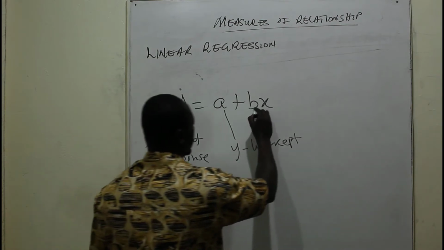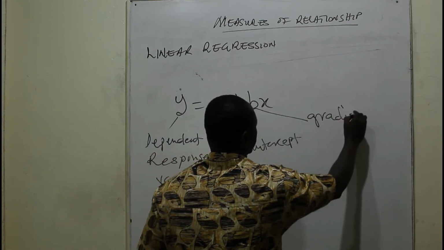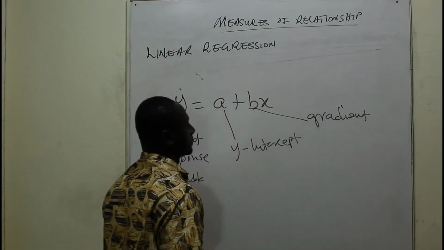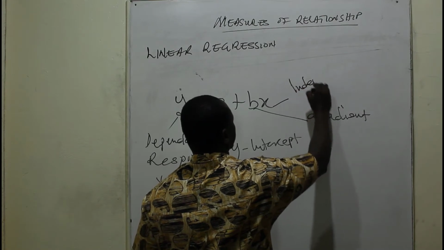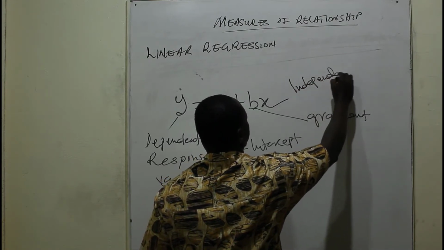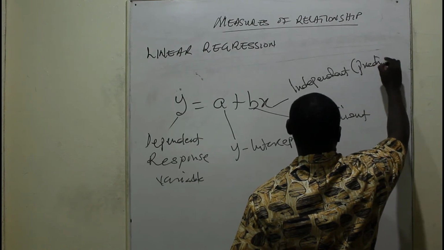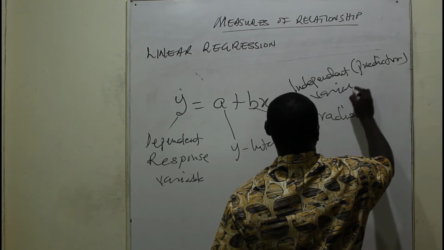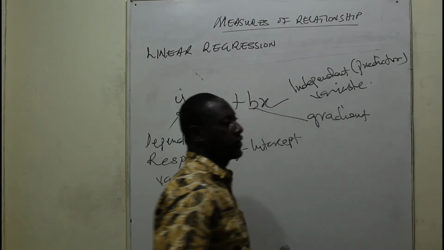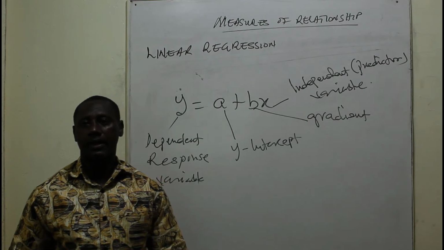The b here is what we call the gradient. And the x here is the independent or the predictor variable. So you may get the model in that way, and that is it.